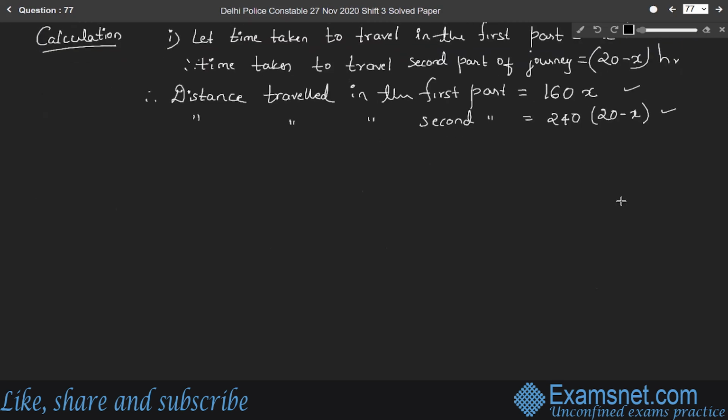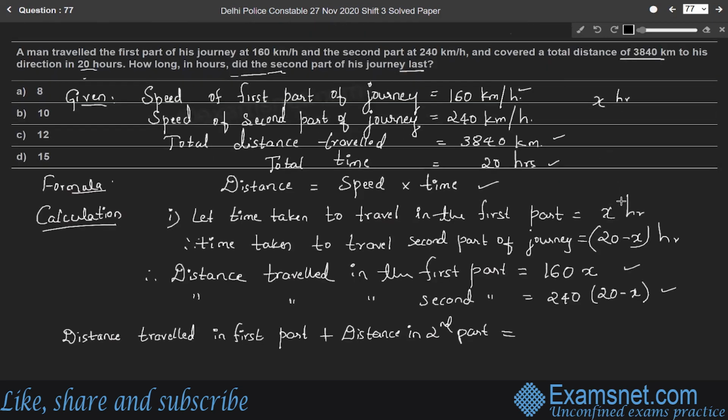So we will get distance traveled in first part plus distance in second part is equal to, by question, 3,840 kilometer.